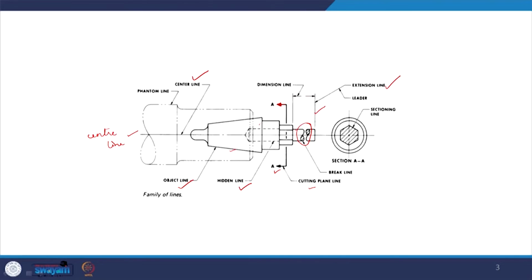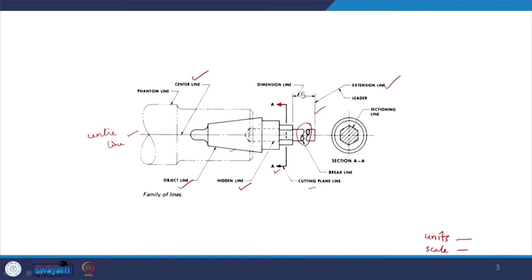The dimension line is slightly thicker and darker than the extension line. The extension line is very faint. This is the dimension line. I told you that it is a straight line. Here there will be a break where whatever dimension it has will be mentioned. The units will always be mentioned in the title block, and the scale of the drawing will be mentioned in the title block.